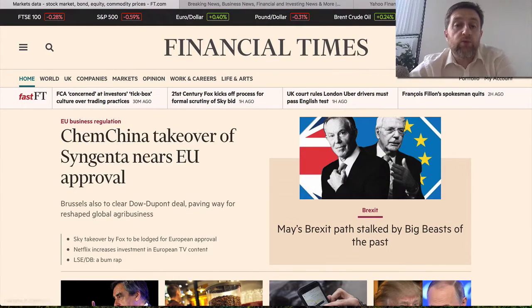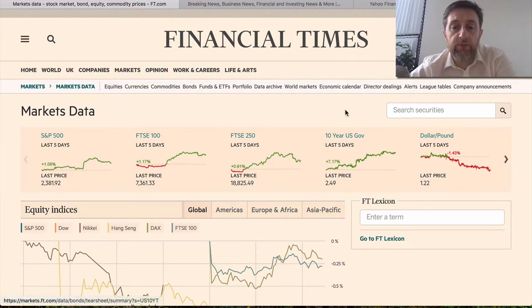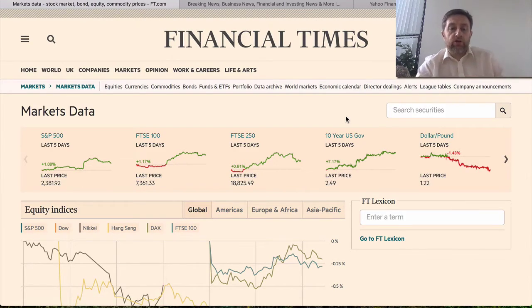So we're going to start off by looking at ft.com, and the page that we're going to look for is Markets Data. If you click on Markets Data, now this is the 3rd of March, and it's at 1 p.m. So this data that we've got is real-time data.